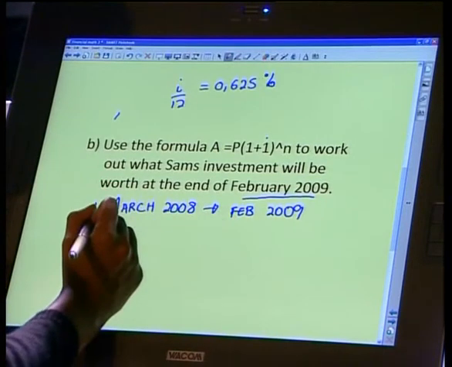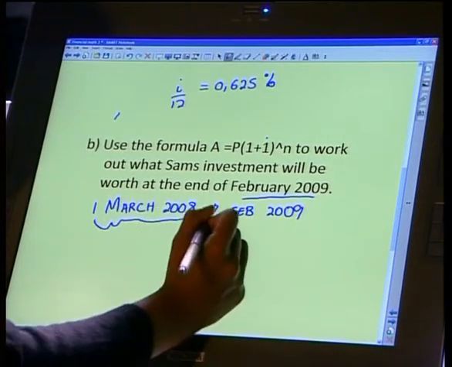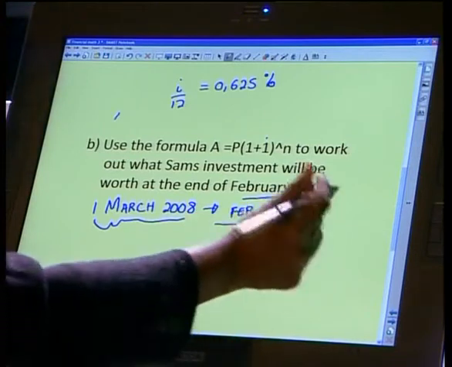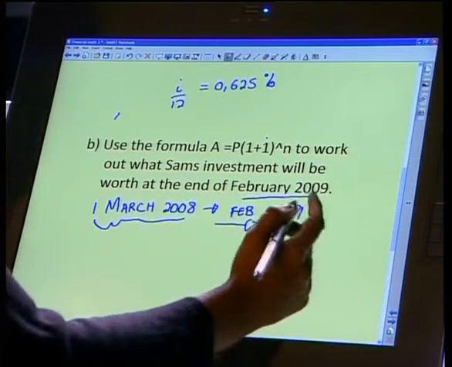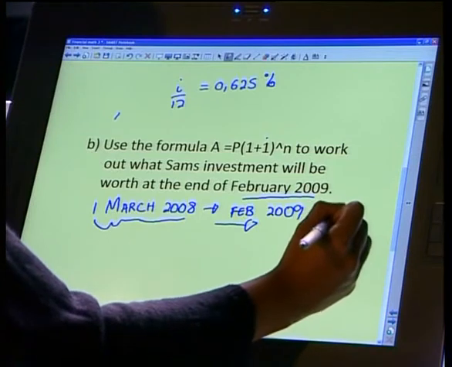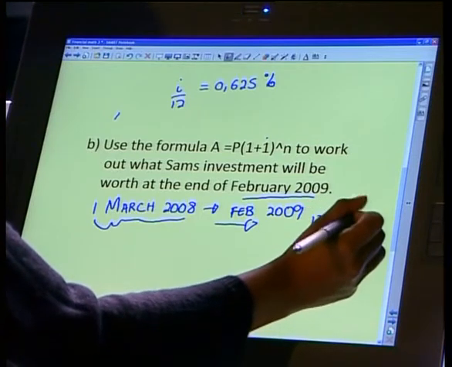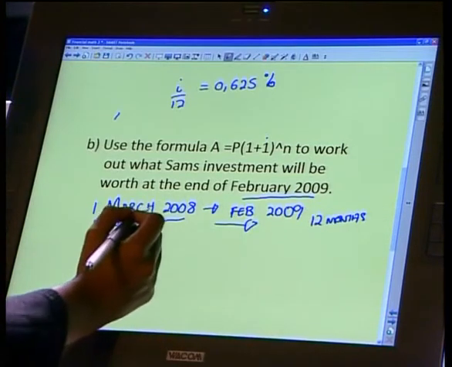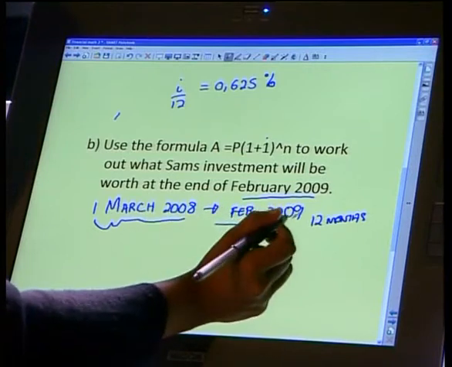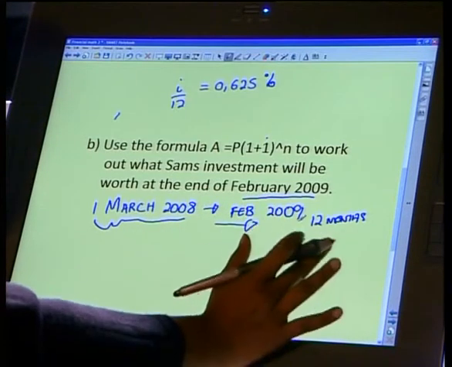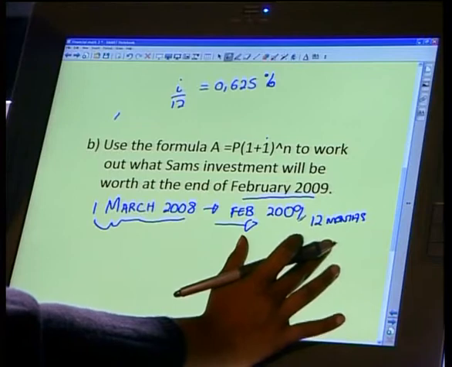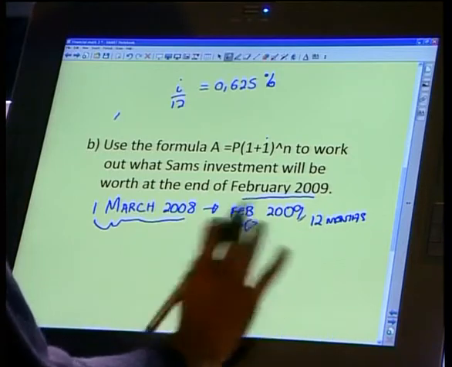And if you count from the 1st of March to the end of Feb, you will see that that will be a period of 12 months or 1 year. That's an entire year that we are talking about. Okay, 12 months in that period.